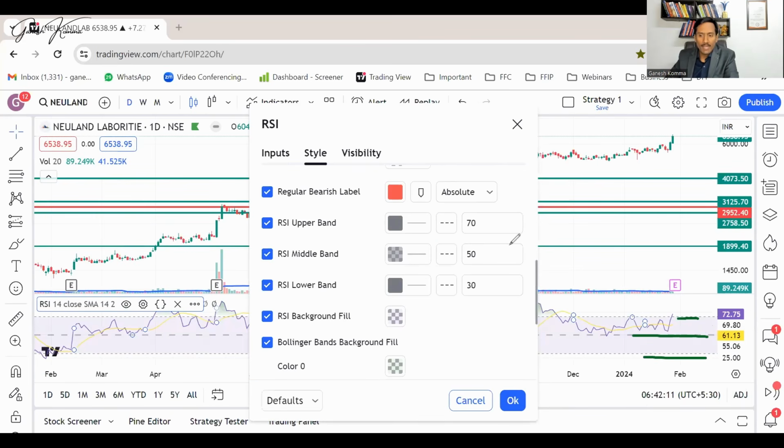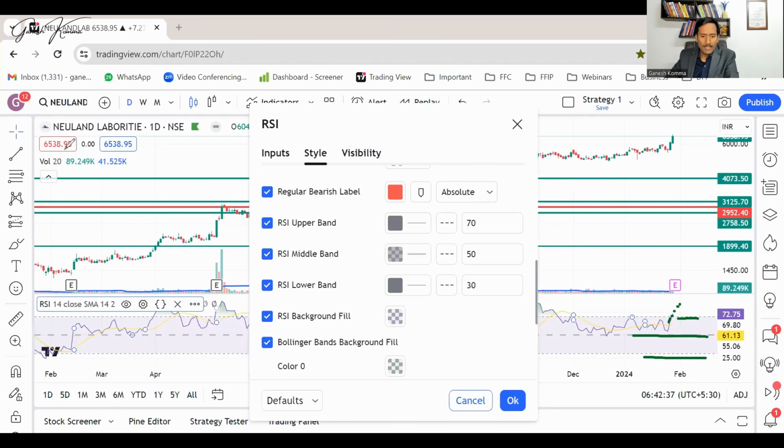If the stock is above this middle band and is crossing the upper band, it's becoming stronger. As it crosses this upper band, it will be in the overbought zone, and as it crosses below the lower band, it will be in the oversold zone.